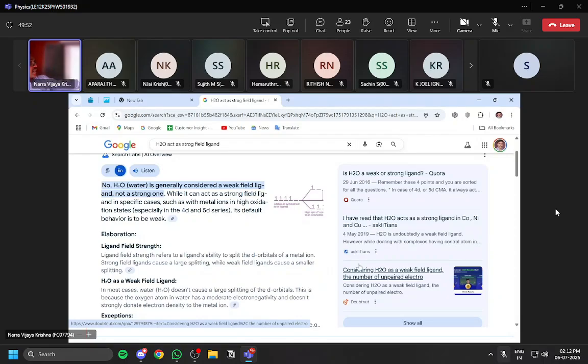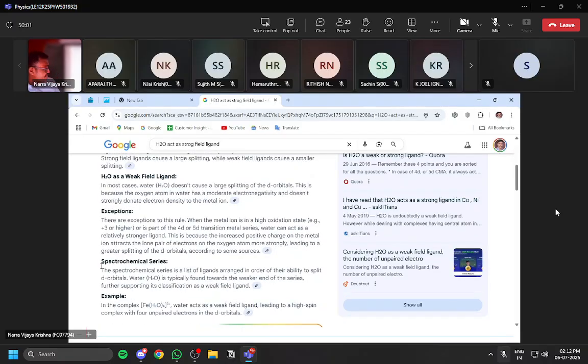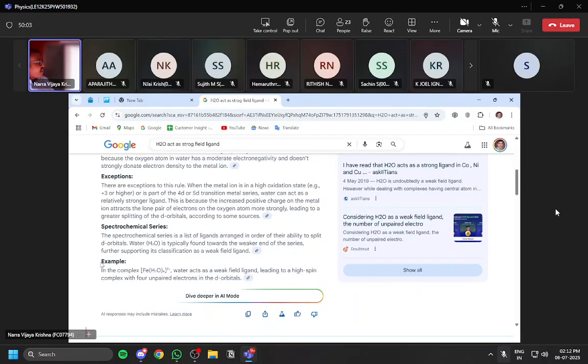Water is generally considered a weak field ligand, not a strong field ligand, right? Whereas in cobalt complexes they simply made one statement: there are exceptions to this rule. When the metal ion is in a higher oxidation state or is part of the 4d or 5d transition series, water can act as a relatively stronger ligand. This is because of the increased positive charge and so on.